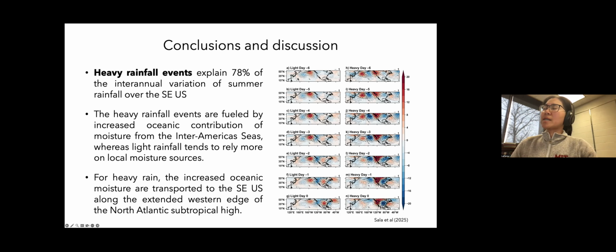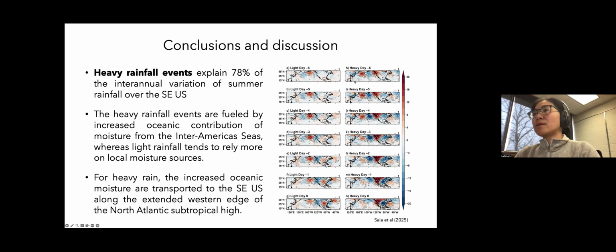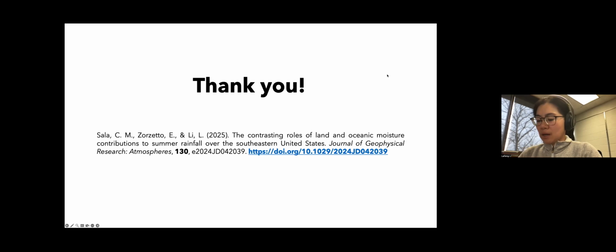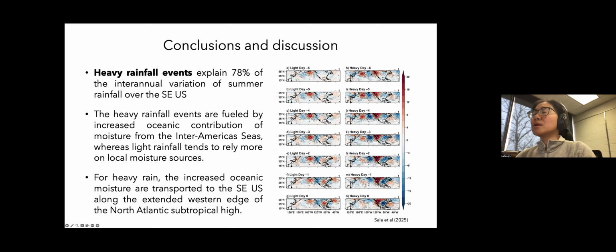And what we looked at and found is that the wave stream pattern over the North Pacific Ocean tends to be quite different in the heavy rainfall events in comparison to the light rainfall events. So overall, for the heavy rainfall events, there seems to be a wave train that is sourced over the eastern Japan Sea and then transported all the way downstream into the eastern US.